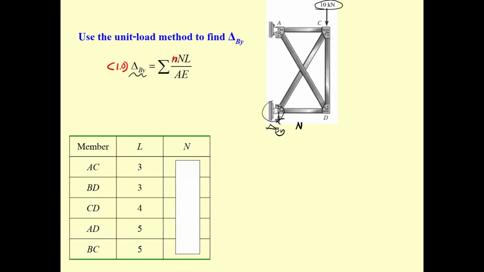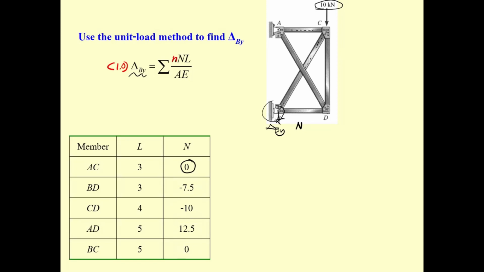Now it comes to the point where you use your knowledge to determine capital N. Based on your knowledge, you notice the task has zero-force members, and you can see the member over here is a zero-force member. Also BC is a member that has zero force.